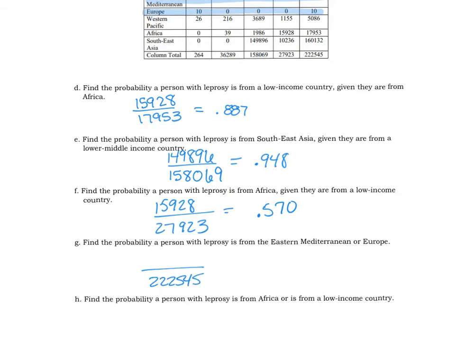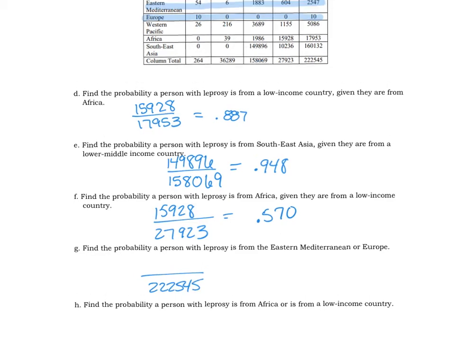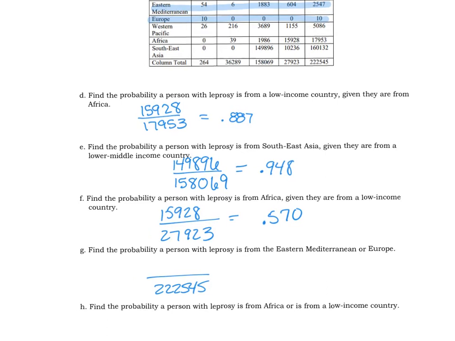And now, as far as how many are from the Eastern Mediterranean, that's 2,547 and an additional 10 people. So a total of 2,557 out of the 222,545 people, probability of 0.011.